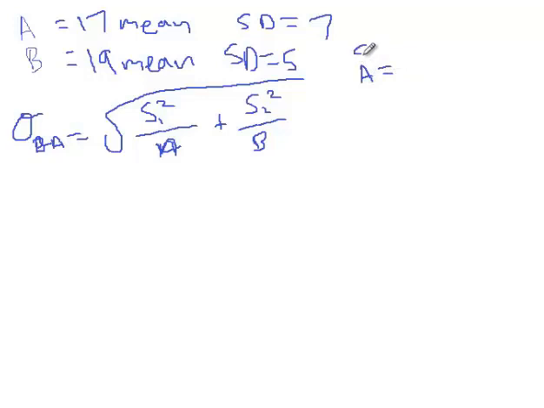The sample size for A was 49, and for B it was 75.